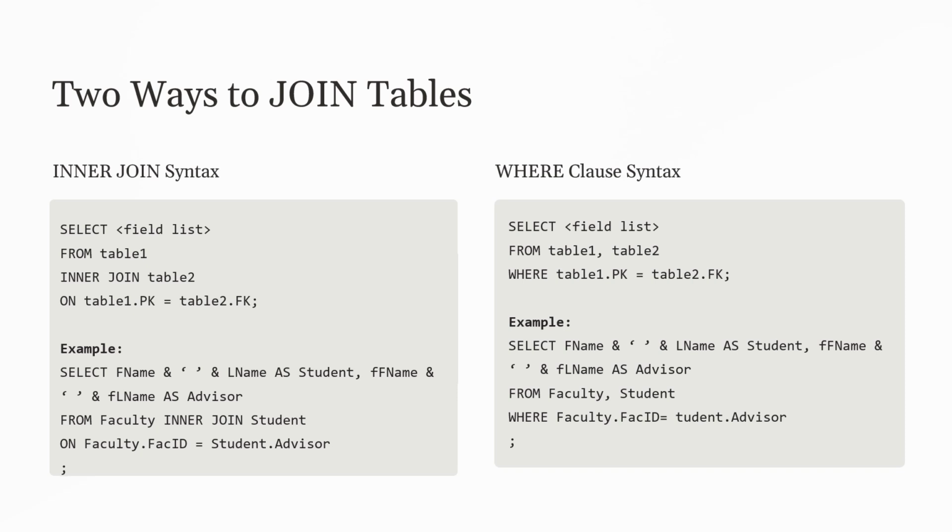The WHERE clause syntax also works. That is using the WHERE clause to filter results after listing the tables. It's an older style, but functionally equivalent. For example, select field list from table 1, comma, table 2, where table 1's primary key equals table 2's foreign key.